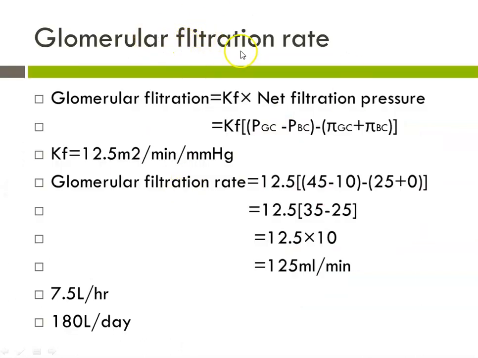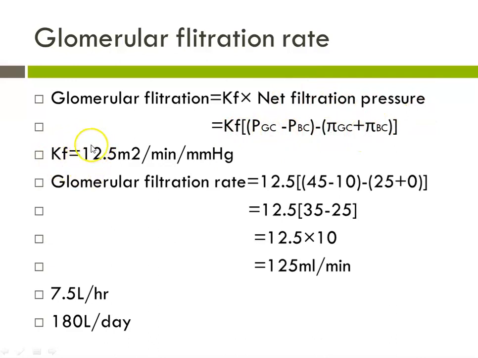Now see the glomerular filtration rate. You already know net filtration pressure. The glomerular filtration rate is equal to the filtration coefficient into net filtration pressure. So take the filtration coefficient and substitute the formula of the net filtration pressure.